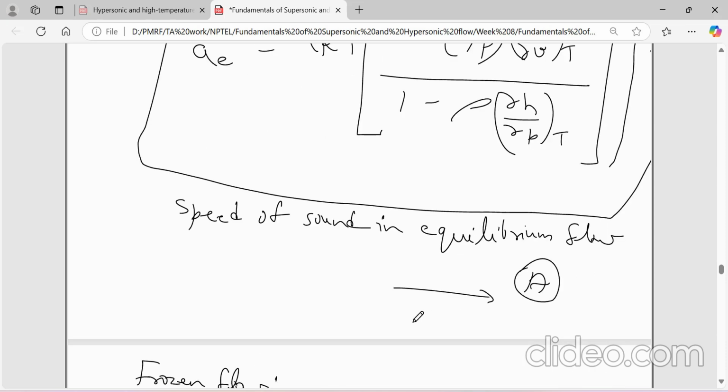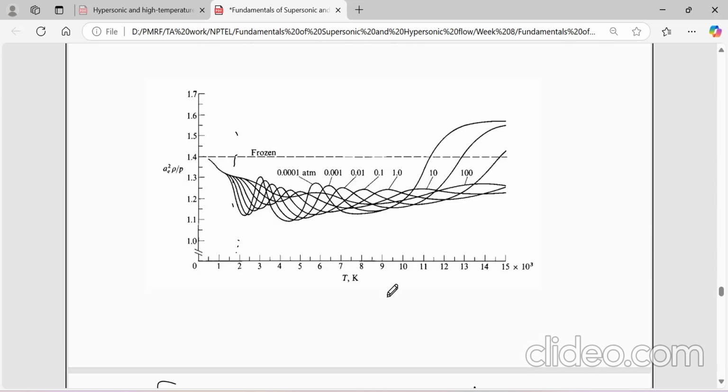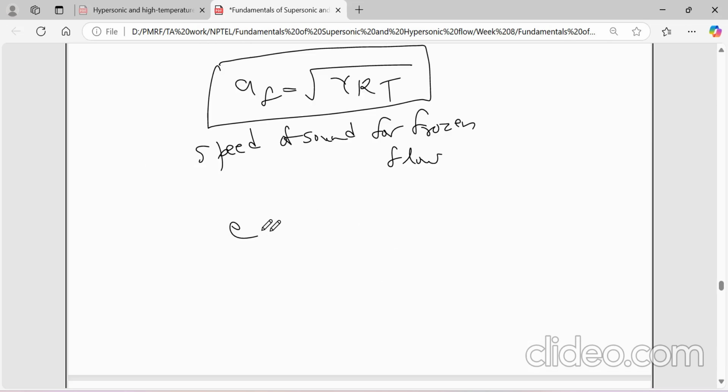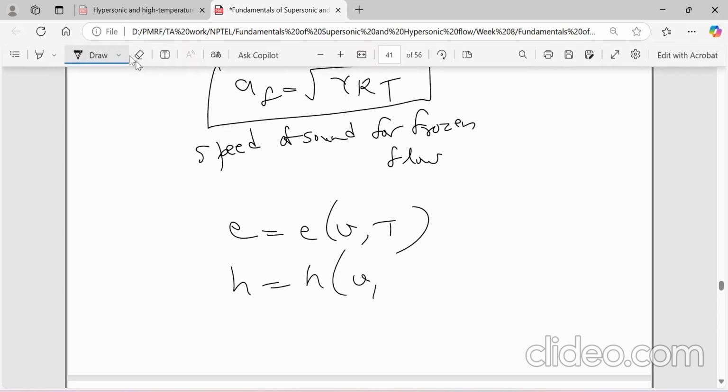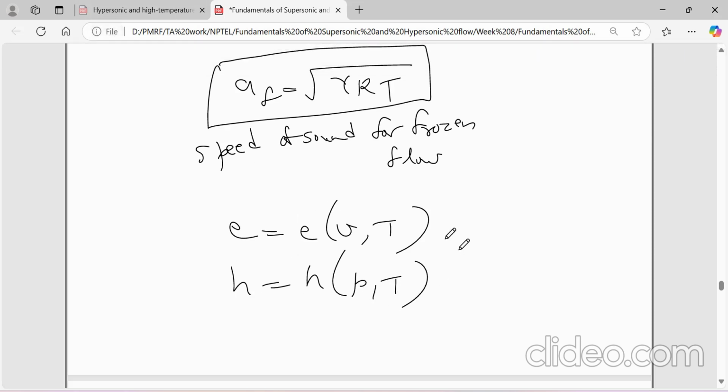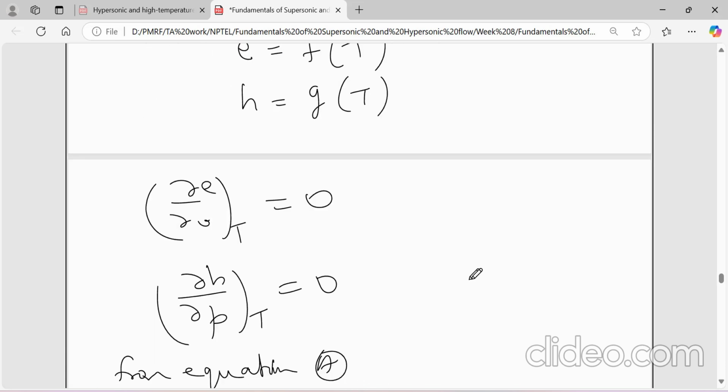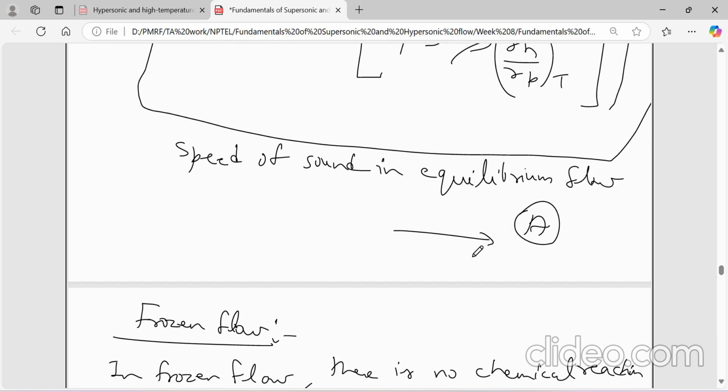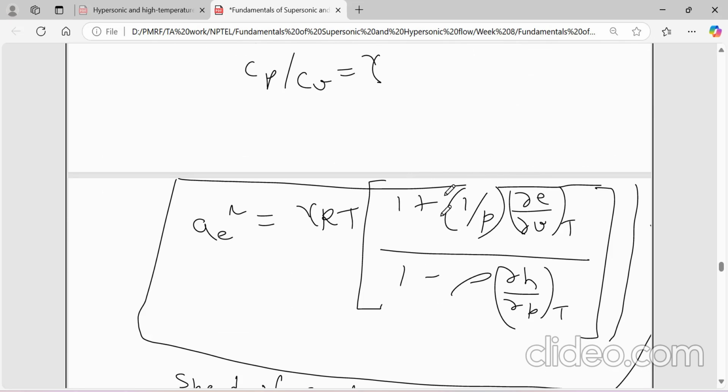We have curve fits which give the value of E as a function of V and T, and H as a function of P and T. So using this curve fit or polynomial correlations, we can find its derivative and plug it directly into this equation and find what the speed of sound will be.